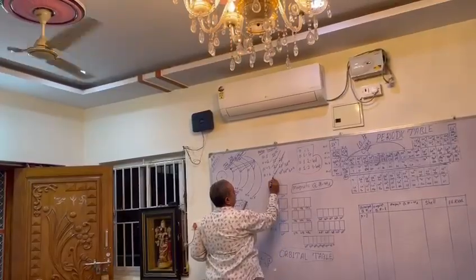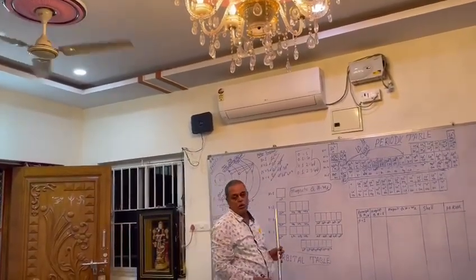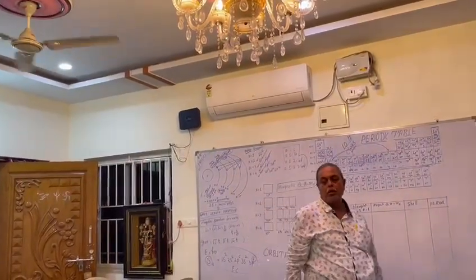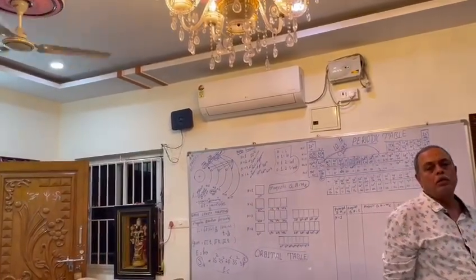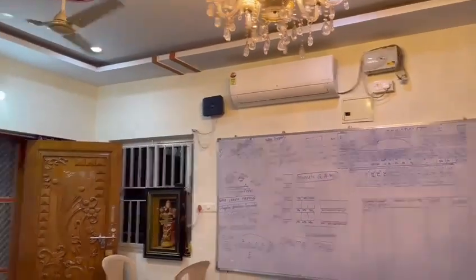In that way, do the arrow diagrams and find the electronic configuration. Strike it off on the Moeller diagram.